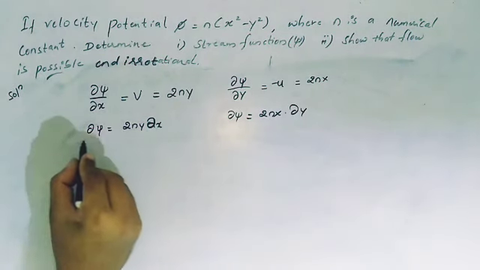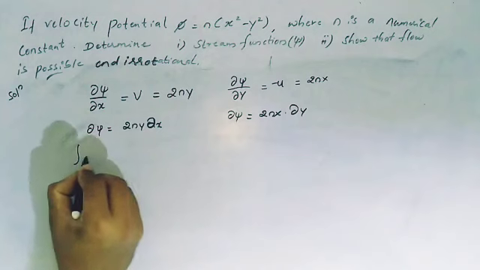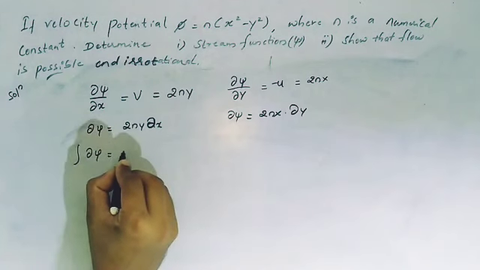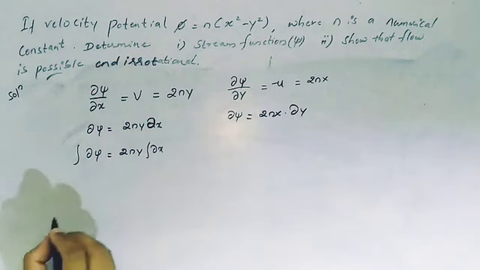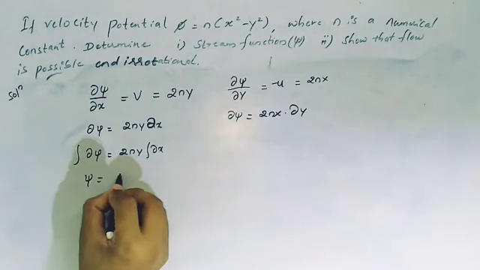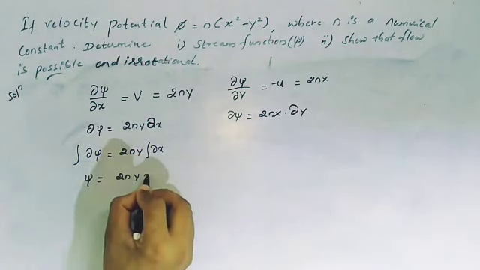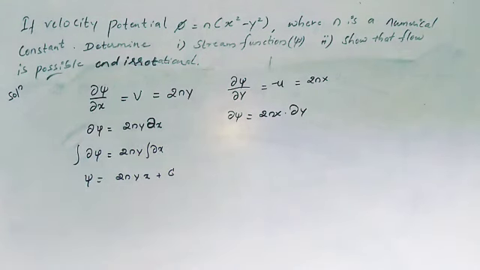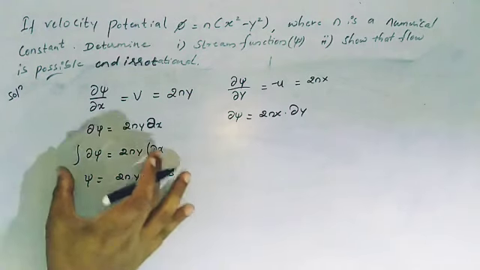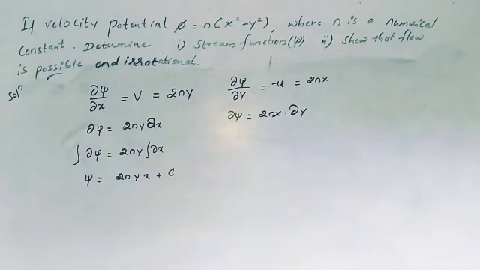Now integrating this equation on both sides, 2ny into dou x, it will be psi equals 2nyx plus some constant value. So by integrating on both sides we get this equation.